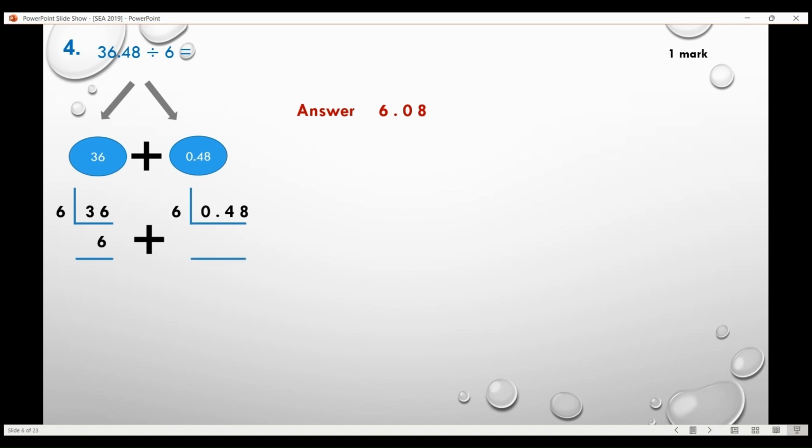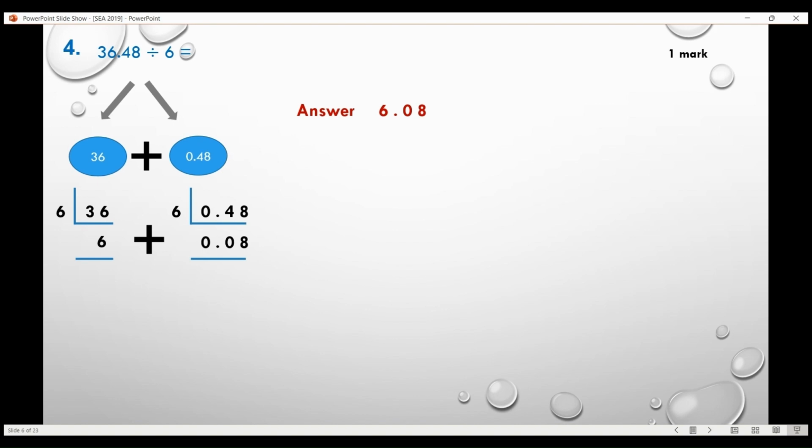So 6 into 0 cannot. Bring down the point, and 6 into 48, we're going to get 0.08. And as such, 6 plus 0.08 will give us our answer. However, there are some students who are not too clear on what's happening with the decimals. So let's see if we could break it up a little easier for them.